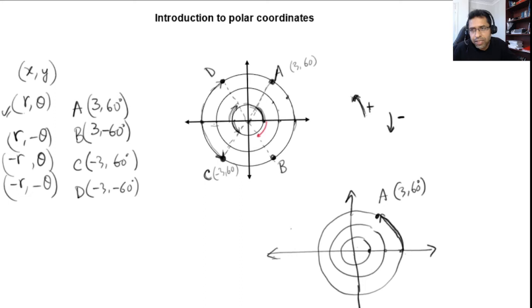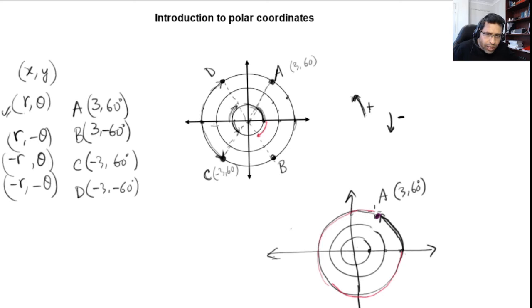Yes, because if you go 3, you are reaching here, that's fine. But if you want to come to 3 the other way around, let's say I'm using the red color because we are traveling in the negative direction, then you can reach that point by traveling along that path as well.